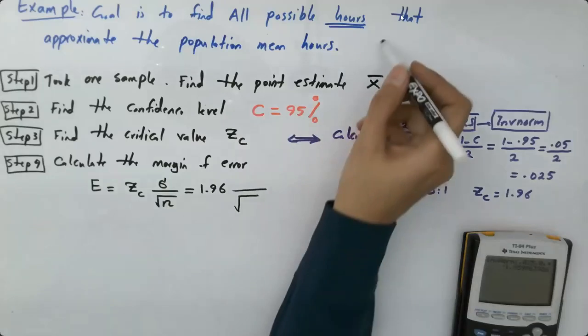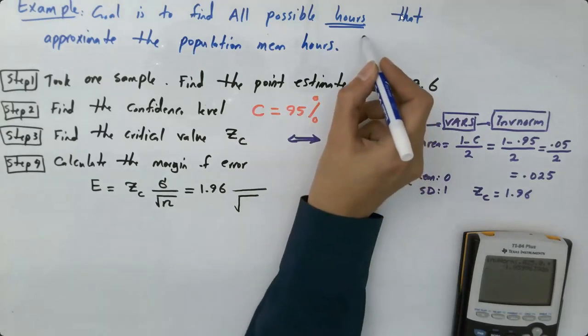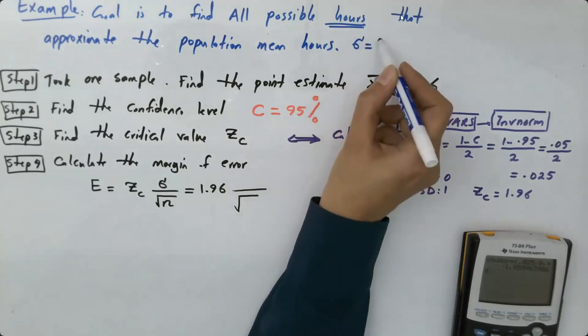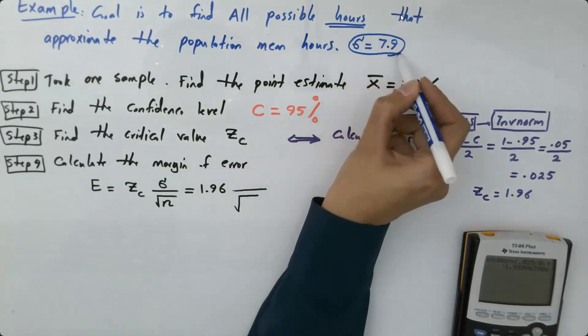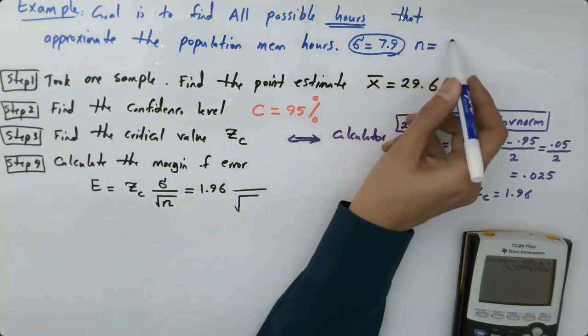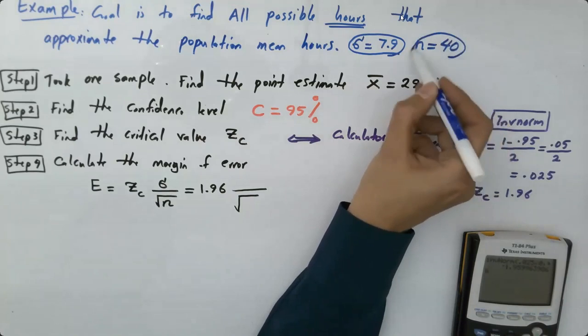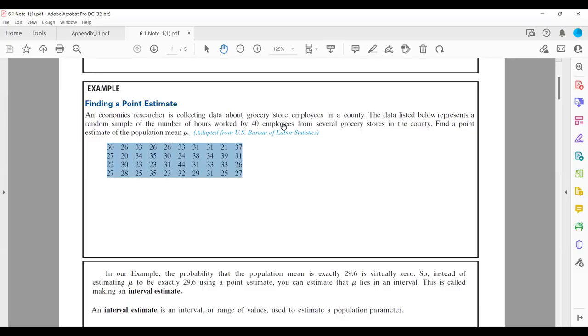Assume the population standard deviation is given to us as 7.9 hours. The sample size that you used was 40. Let's go back to the question. Here, how many? 40 employees from several grocery stores. So N, the sample size, is 40.